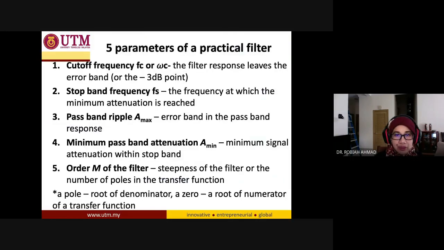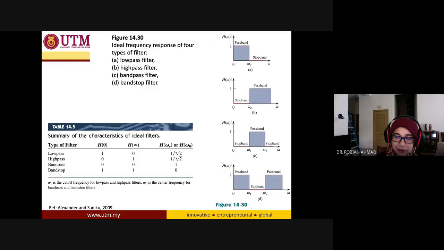Okay, so 5 parameters of a practical filter. When you're designing a filter, these are the things that you have to look into, because ideally we can have this type. For example, for low frequency, I need a frequency from 0 to 10 hertz.